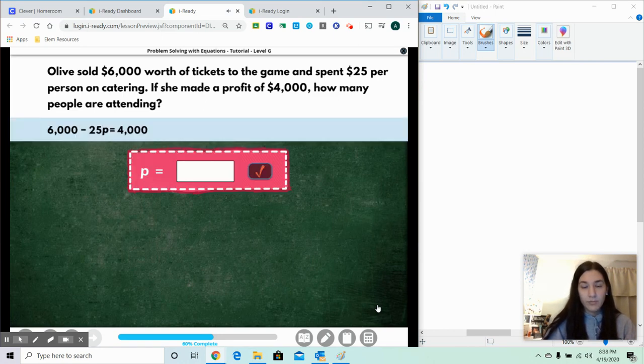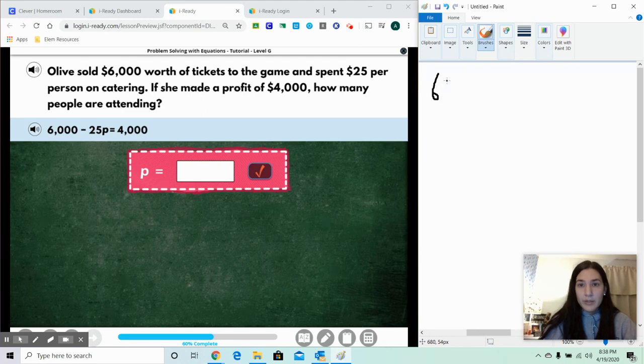Solve the equation 6,000 minus 25p equals 4,000. Okay, so I'm going to come over here just so that I have a little bit more room. So 6,000 minus 25p equals 4,000.